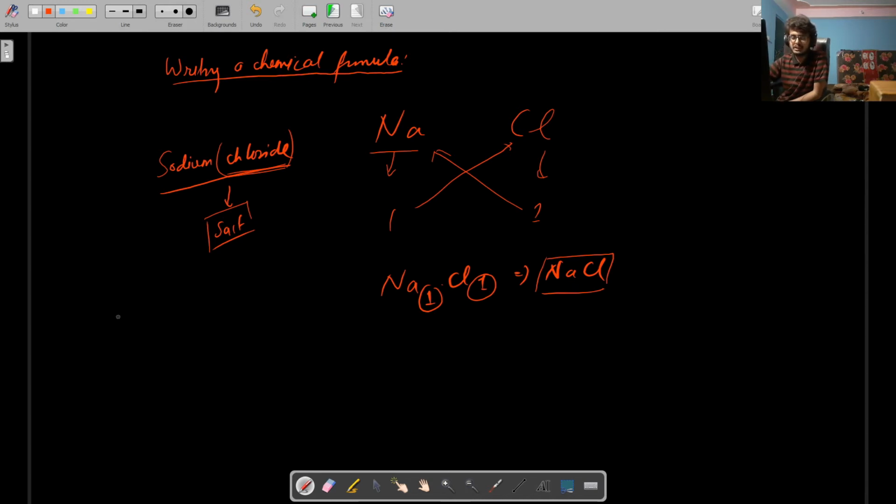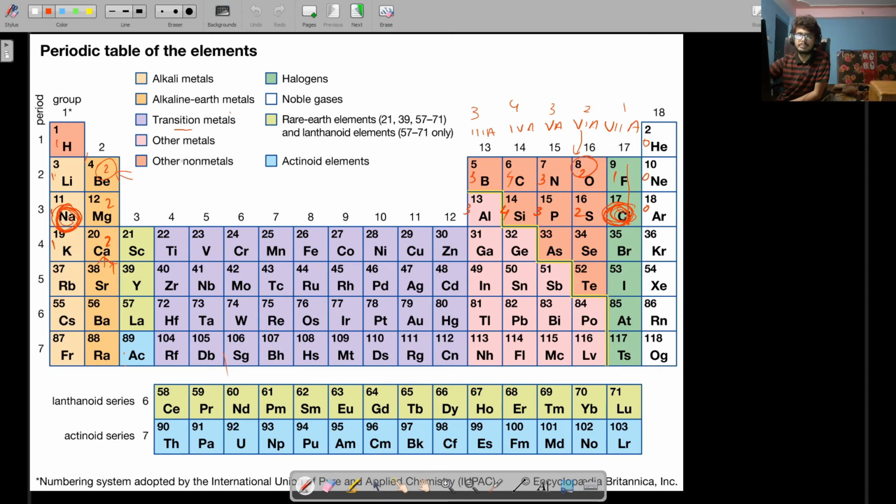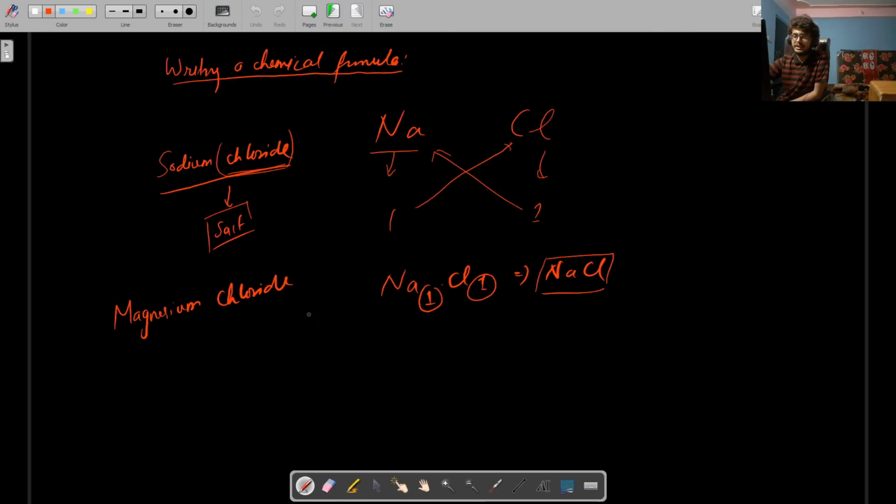Now let's take another compound, magnesium chloride. How do we write magnesium? Magnesium is somewhere here, Mg. So magnesium is Mg, and we know chloride is Cl.